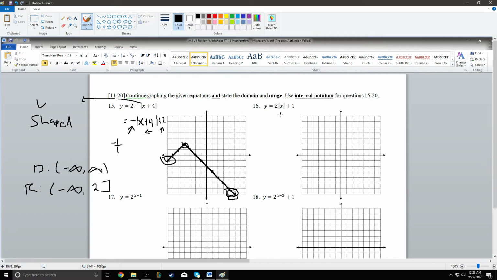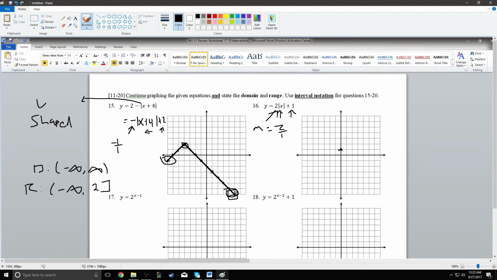This next function, there is no horizontal shift, there's no number inside the bracket, but there is a vertical shift, that's at positive 1. Okay, so positive 1, and then this right here is our slope, that's m. So our slope is 2, make it a fraction by putting it over 1.